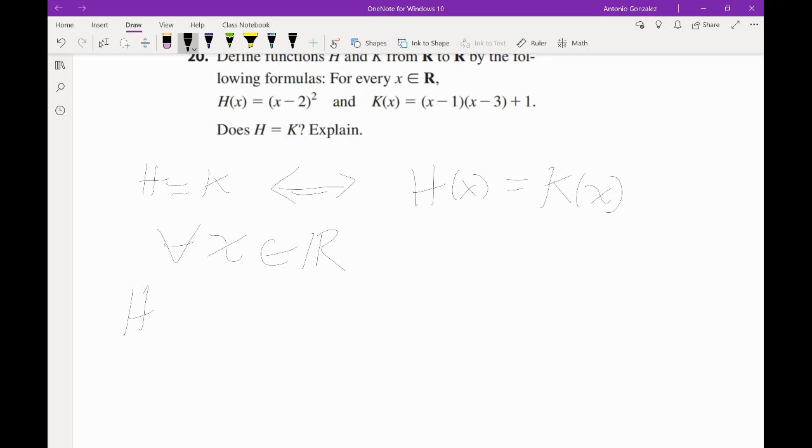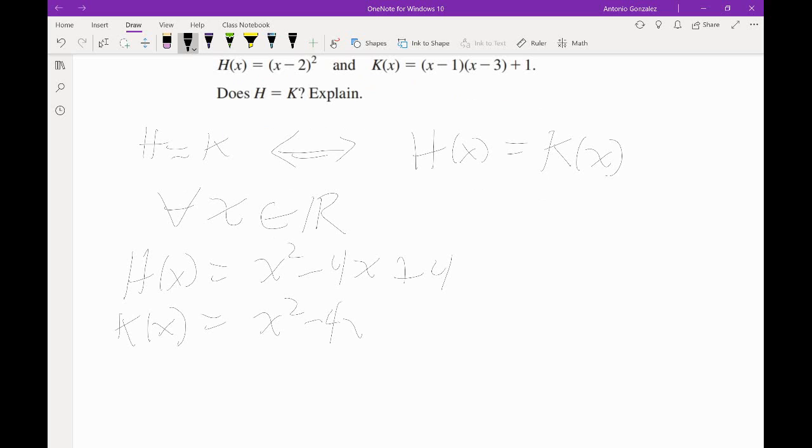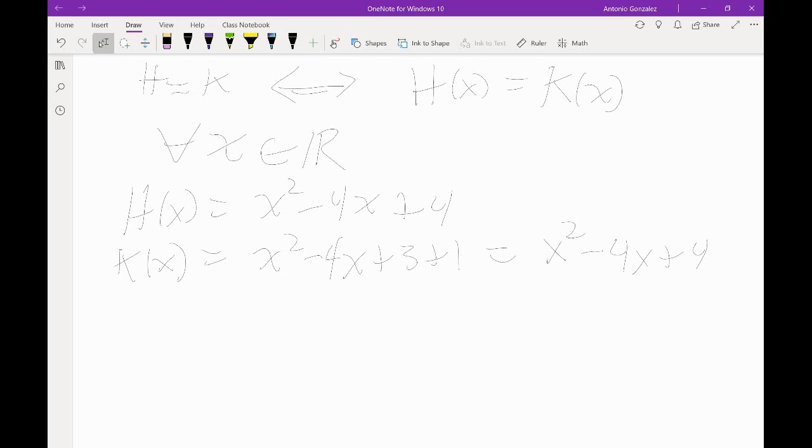And k of x would be x squared minus 4x plus 3, plus 1, and that gives me x squared minus 4x plus 4, giving us the same function. So that implies that h must equal k. Okay, thank you.